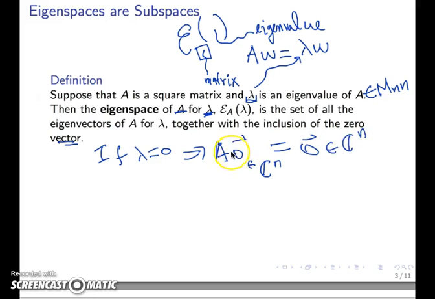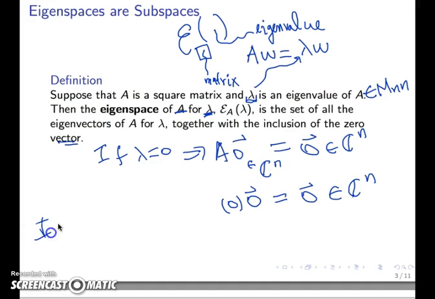If we're multiplying a matrix times a zero vector, we will obtain the zero vector. And the zero scalar times the zero vector, I'm using that physics notation that has that symbol there on top, this is indeed the zero vector, right? So this still is in Cn. So the matrix times that vector of zeros is equal to the same thing as if you multiply the zero scalar times the zero vector. That still is a column of zeros. So both of these things are equal. When lambda is zero, the zero vector is an eigenvector.